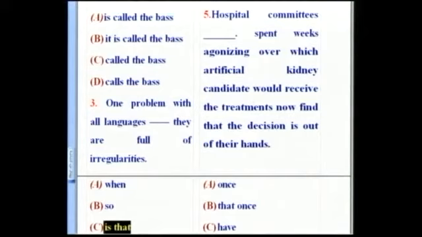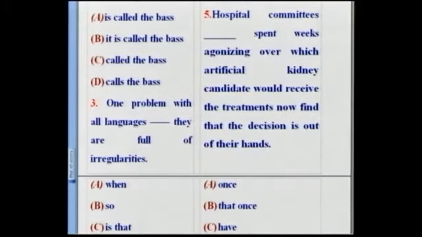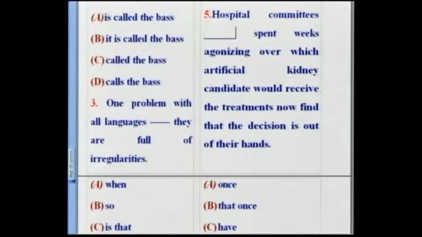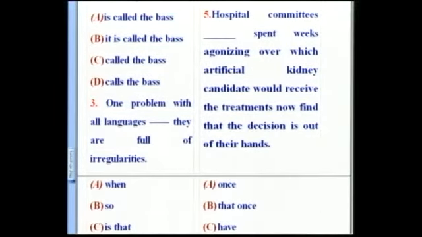Sorry, there's no comma here, but the comma comes after committees. Hospital committees that once spent weeks agonizing, who spent weeks agonizing, suffering over which artificial kidney candidate would receive the treatments. Now find, that's their verb. Hospital committees now find that the decision is out of their hands.